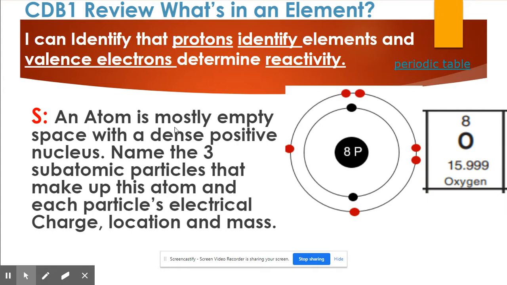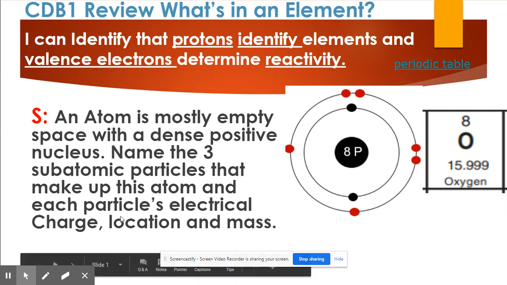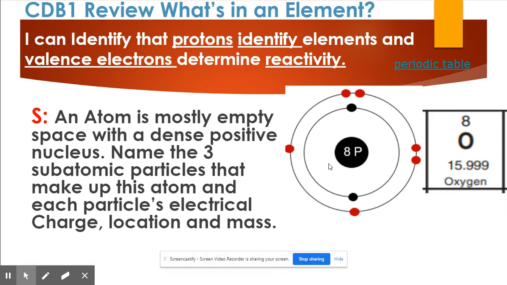Starter. An atom is mostly empty space with a dense positive nucleus. Name the 3 subatomic particles that make up this atom and each particle's electrical charge, location, and mass. So looking at oxygen, the atom of oxygen, we can say that an atom consists of 3 subatomic particles.